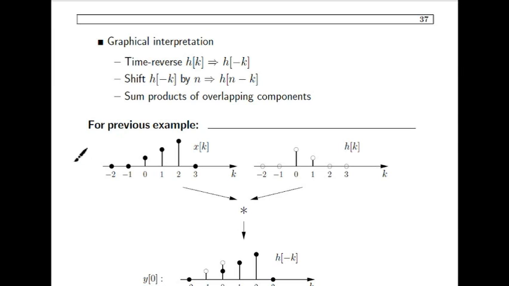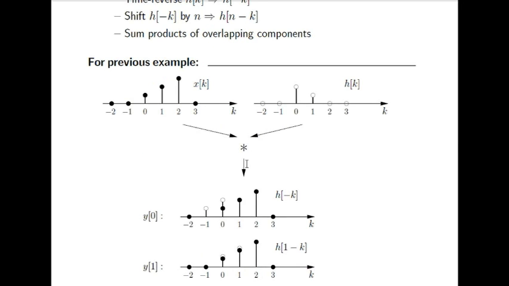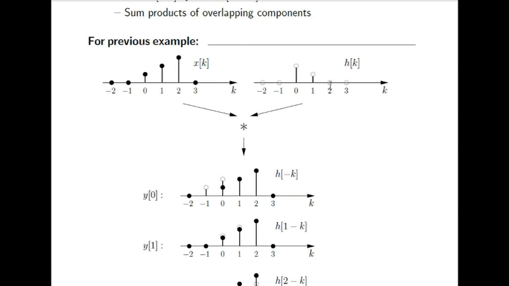So for the previous example, this is x[k] and this is h[k]. If I time reverse it and then shift it by n minus k, then I can solve the convolution with the help of graphical representation also. So how can I do that? Let's see. This is x[k], h[k].